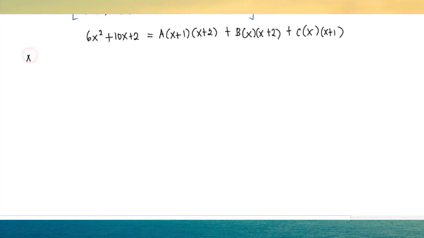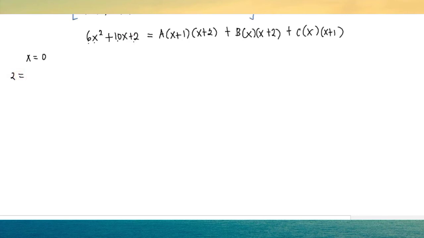So if x is equal to 0, then 0 na to, 0 na to, 2 na lang yung matitira sa left side ng equation natin.